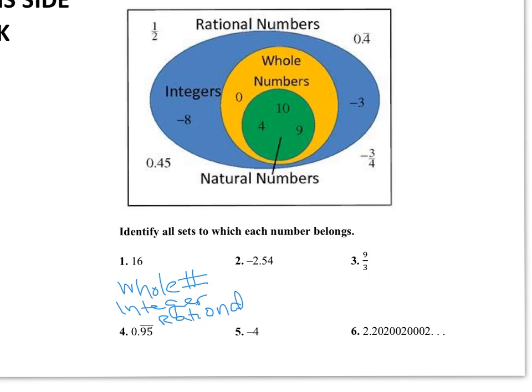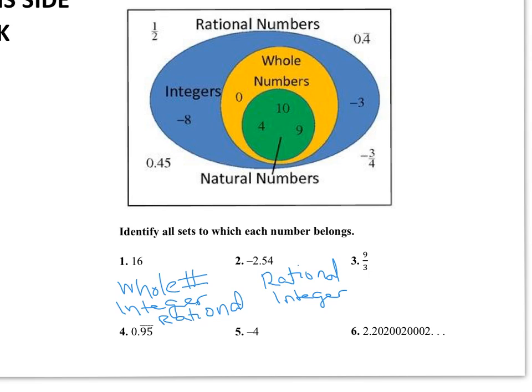Now, for question number 2, we know that negative 2.54 or negative 2 54/100ths, that is a rational number. And the reason why it's a rational number is because it is a decimal value, even though it is a negative number as well. So we could include it as an integer, but it specifically fits in the category of just a rational number because it is a decimal.